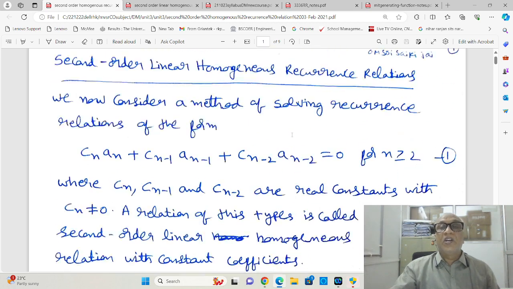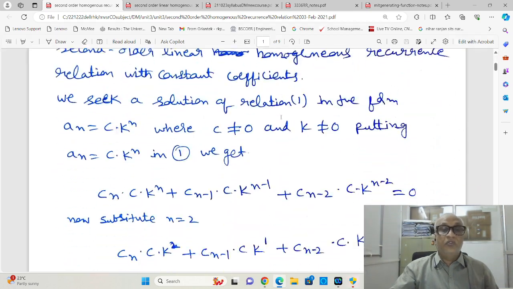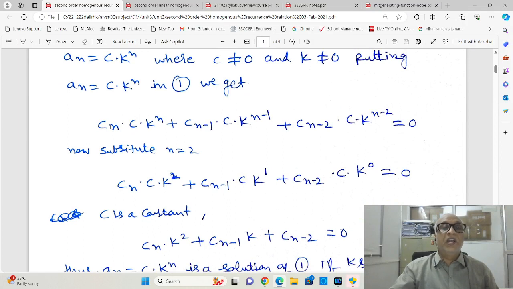Now this is a second order recurrence relation. So we will be putting the value of n as 2. When you put n as 2, this becomes Cn c k square plus Cn minus 1 c k^(2 minus 1), which is k, plus Cn minus 2 c k^(2 minus 2), which is k to the power of 0.